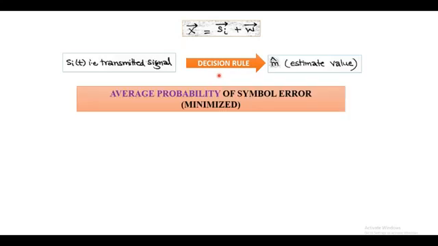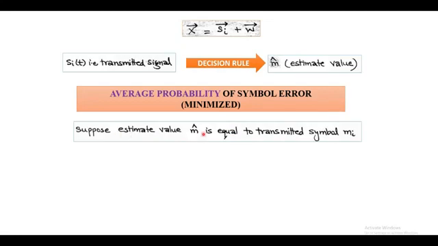And here the decision rule is: in order to determine the estimated value m cap corresponding to si vector, the average probability of symbol error must be minimized. For this, let us consider the estimated value m cap equal to the transmitted symbol mi. So m cap equals mi.